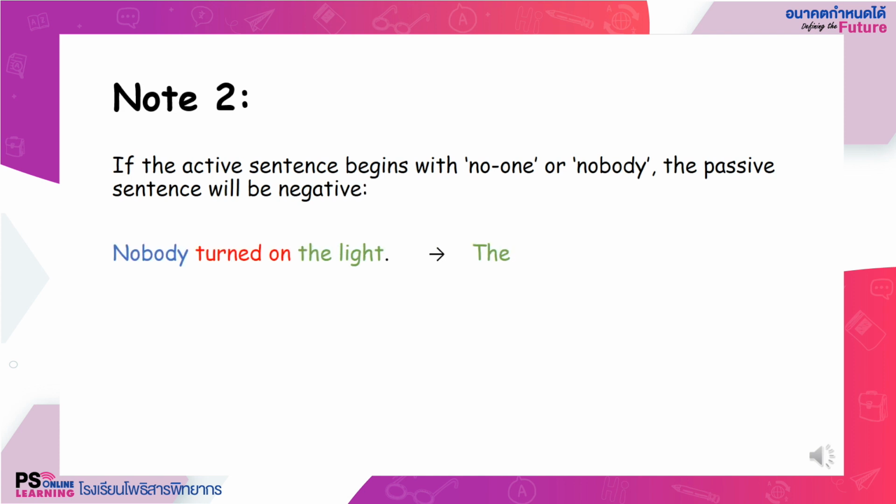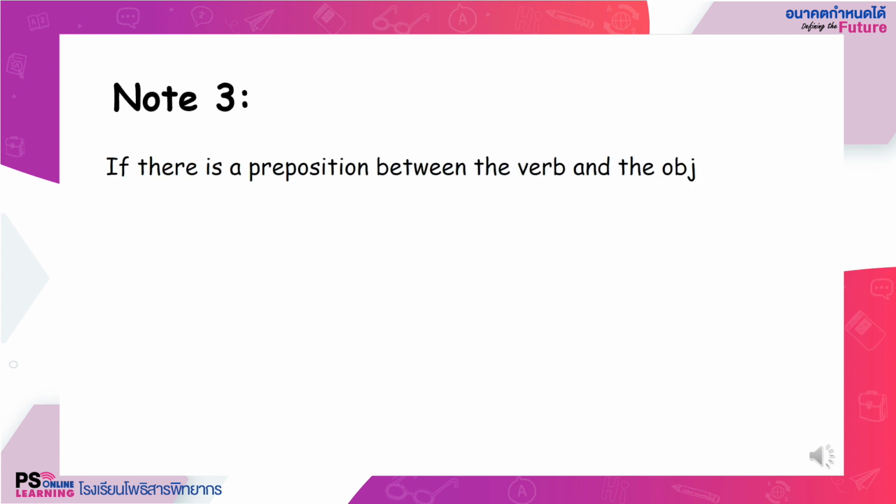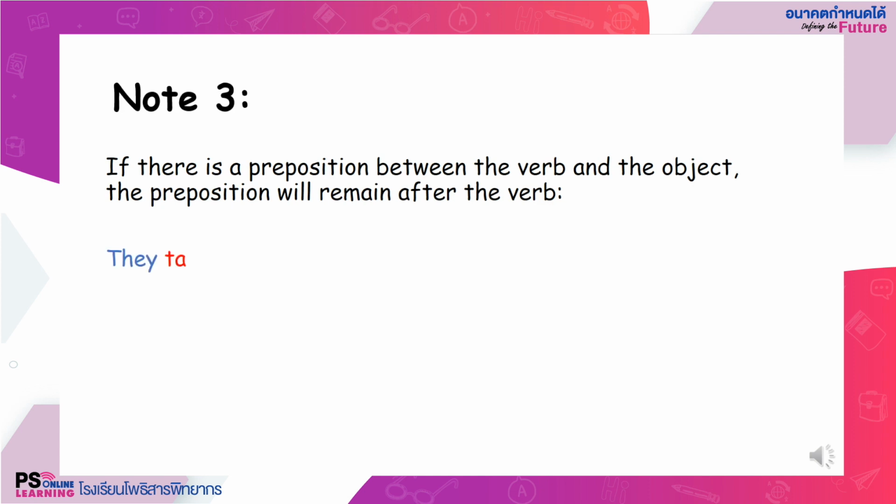Nobody turned on the light would be the light was not turned on. Note 3. If there is a preposition between the verb and the object, the preposition will remain after the verb. For example, they talked about the issue. The issue was talked about.